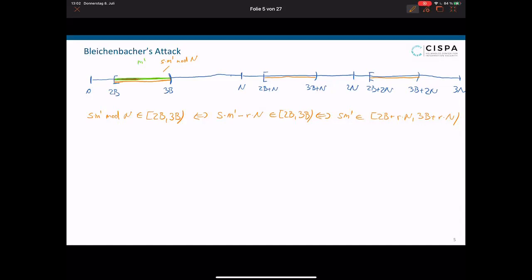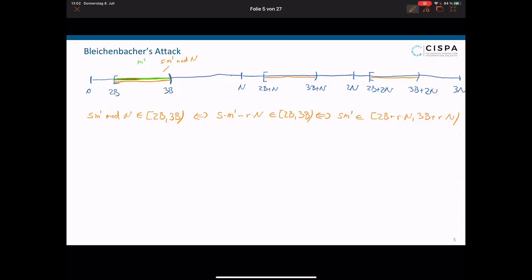S times m prime is in one of these intervals. So there's a question in the chat: how can we get a correct S in non-negligible time? Is it so easy? In fact, yes. The thing is, this interval b comma 3b is actually quite big.